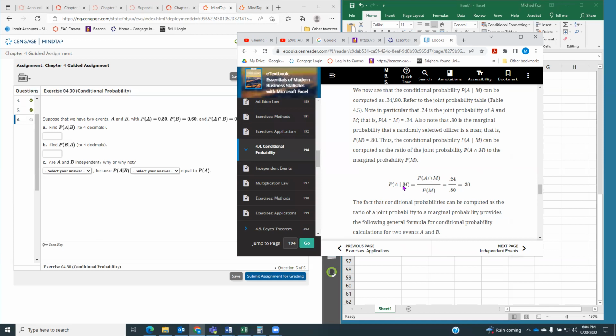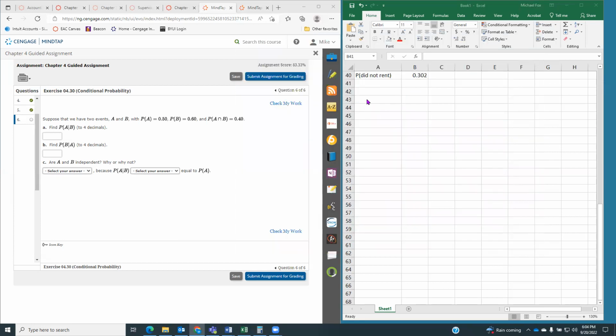Pretend that M is a B. So I'm going to come down here and say, what's my probability of A? That's given to us as 0.5. And our probability of B is given as 0.6. And then the probability of the intersection, which I don't have a button for the upside down U, so I'll write A intersection B, that's what we'll call it.